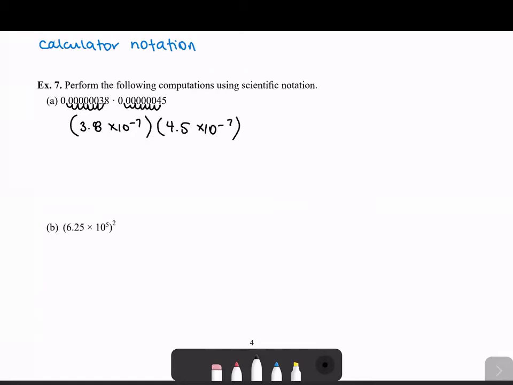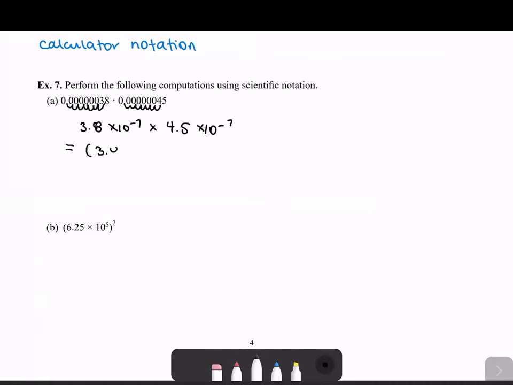Okay, so if we want to multiply these two things together, we can pull out the 10 to the 7, right? All of these things are just being multiplied together. So we could even take out these parentheses and just put a multiplication sign in here. Now we're looking at the product of these four factors. We can use the commutative property and the associative property of multiplication to reorder this.